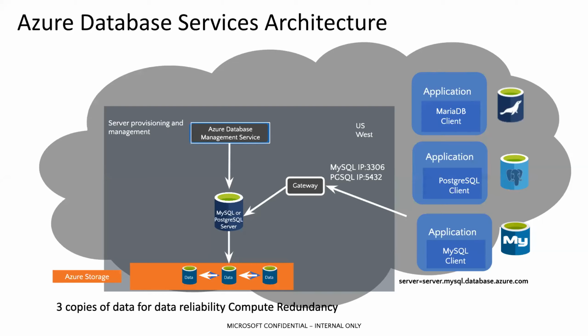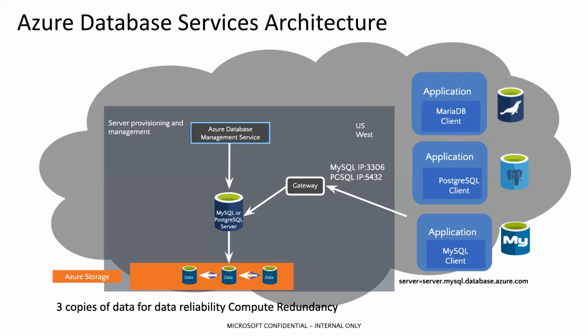If you see our architecture in Azure, we provide built-in high availability, security, and intelligent performance. Those are the core differentiators which we provide on top of these databases and the value which these open source databases provide on Azure.